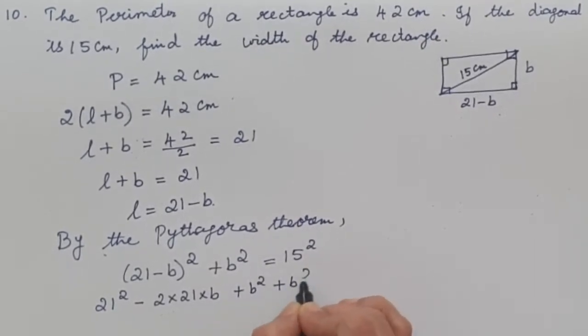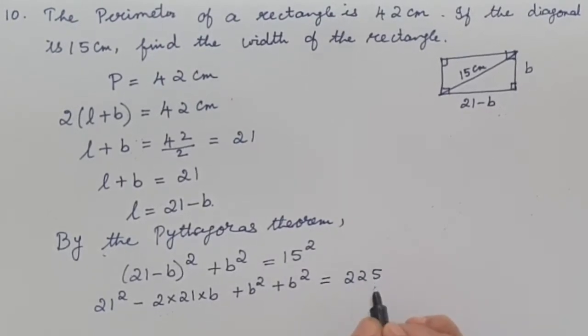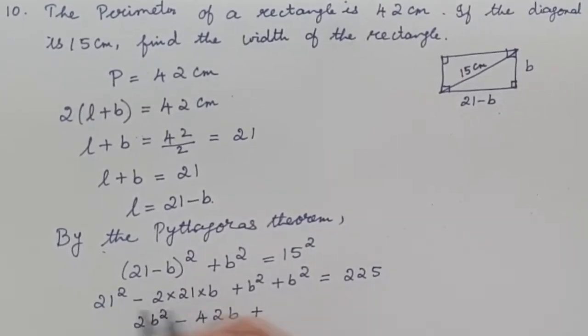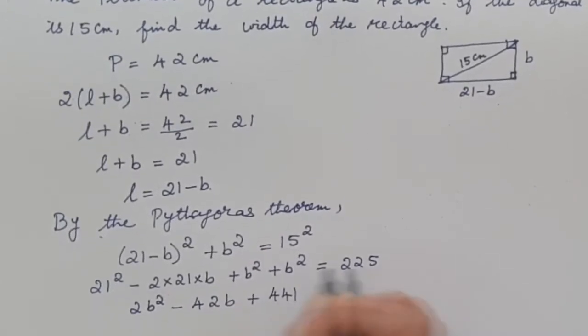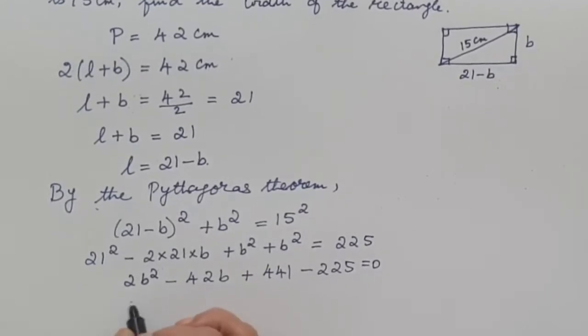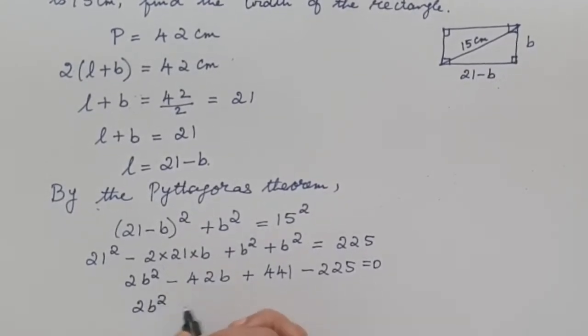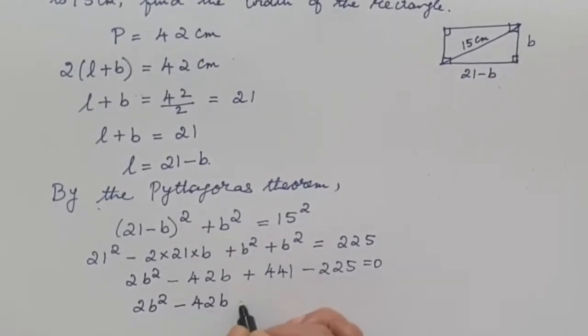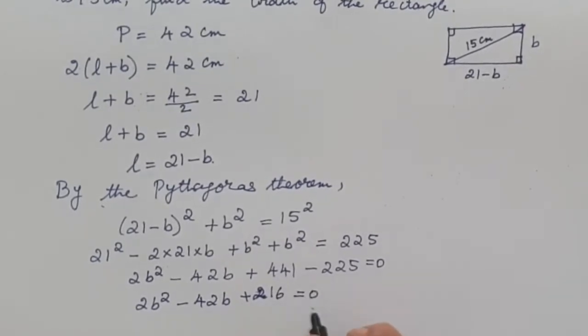Then again b square will be equal to 15 square, which is 225. So, now b square here and b square here, so it will be 2b square minus 42b plus 441, and this one when we take it, 225, will be equal to 0. So, it will be 2b squared minus 42b plus 216 will be equal to 0.